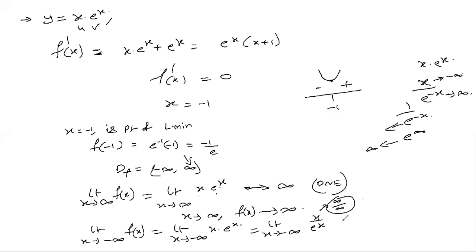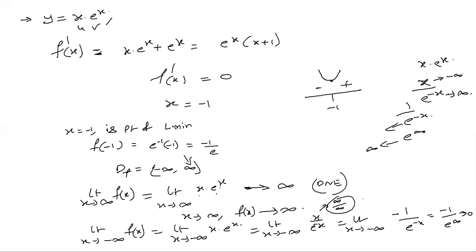So L'Hospital's rule: limit x tends to negative infinity of 1 divided by e power negative x times negative 1. Now let us substitute negative infinity in place of x. Then it will be negative 1 divided by e power infinity. 1 divided by e power infinity means 1 by infinity, which reaches 0.